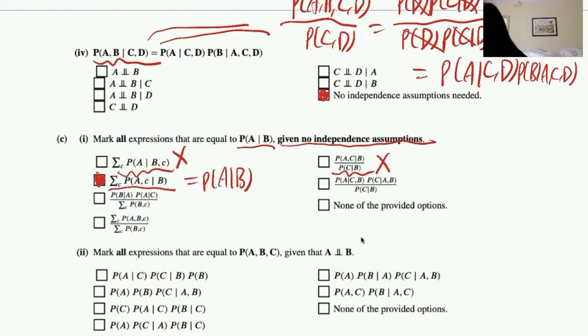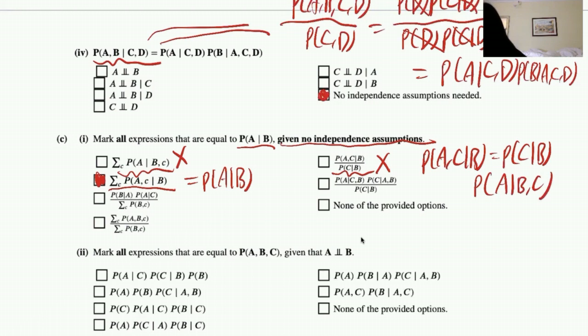Let's do some derivation. We see the probability of AC given B should be probability of C given B times probability of A given BC.